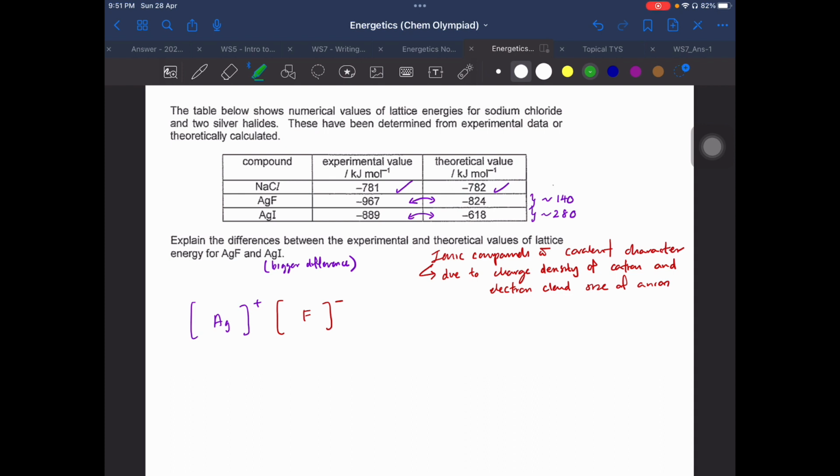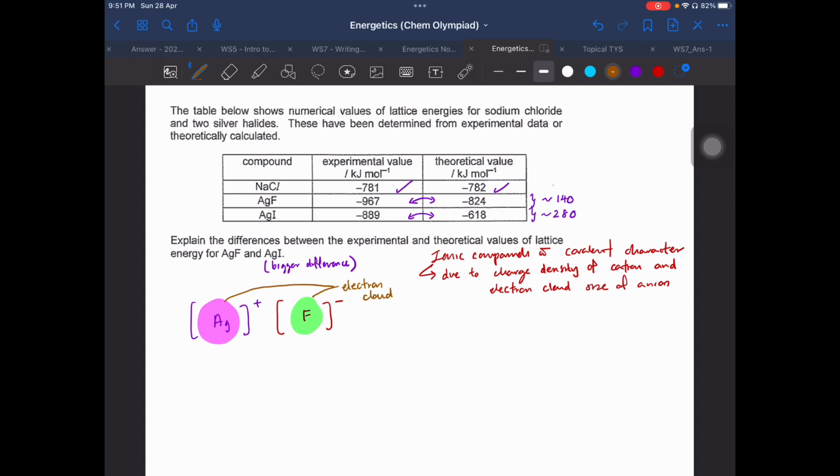But to make things a bit simpler, I'm just going to use a circle to represent where the electron clouds are. So for silver, this entire pink area is where my electrons are. And for fluoride, this entire green area is where my electrons are. So I'm just going to put a bit of a legend, this is called electron cloud. Okay, so this is where the electrons are for the both of them.